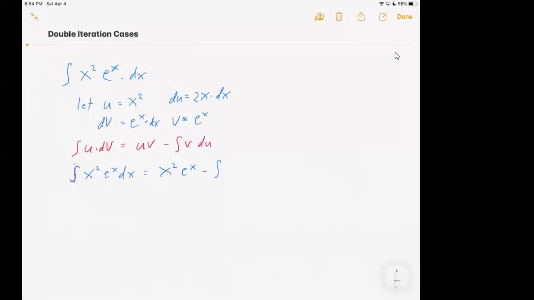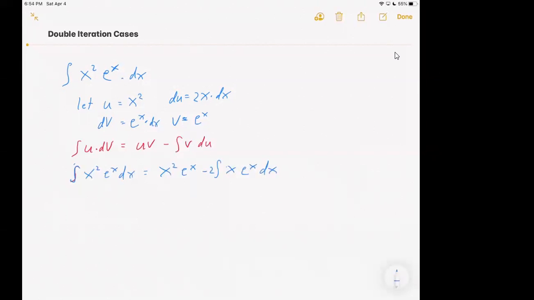That will be minus 2x, I'll put the 2 in front, x e to the x dx.